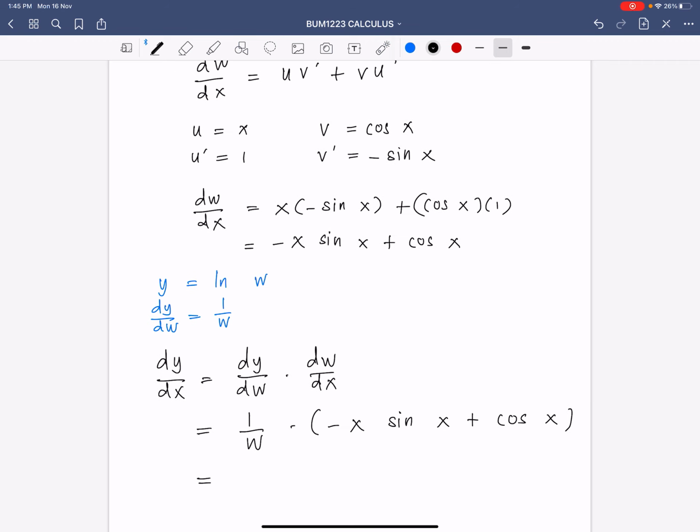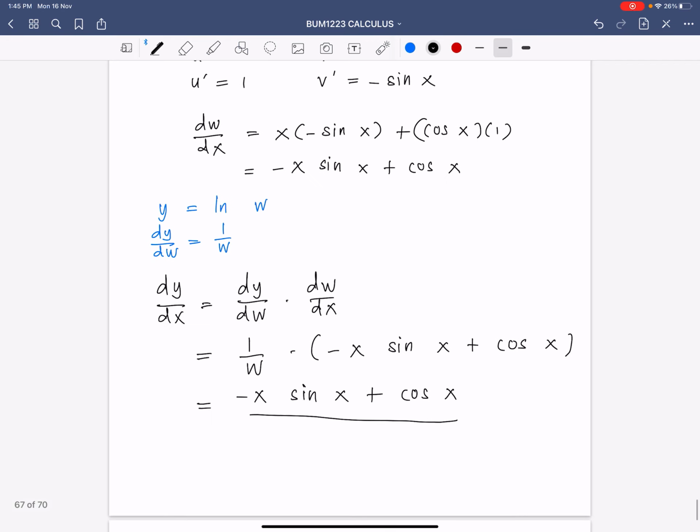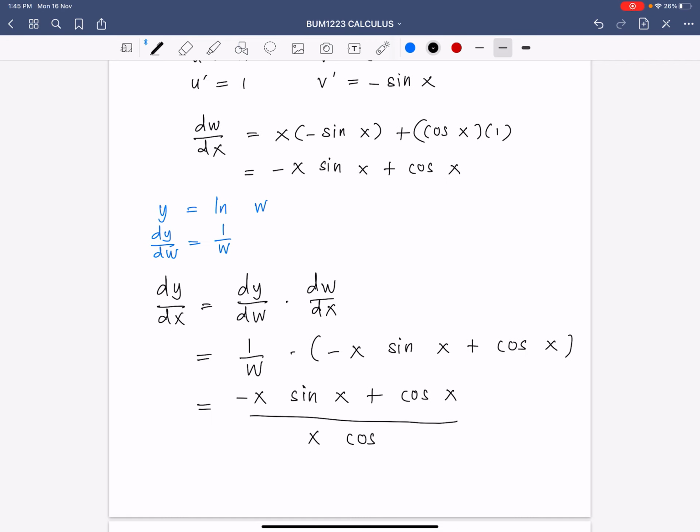Thus, we have negative x sine x plus cos x over x cos x. Okay, so you can leave the answer like this.